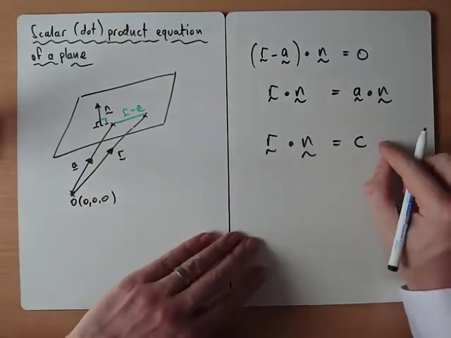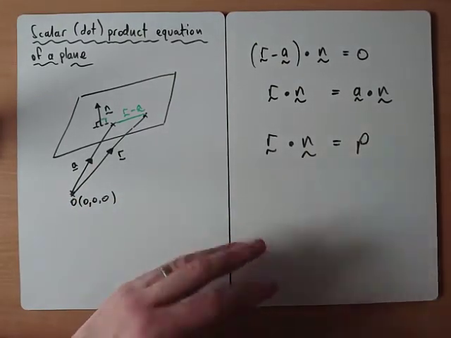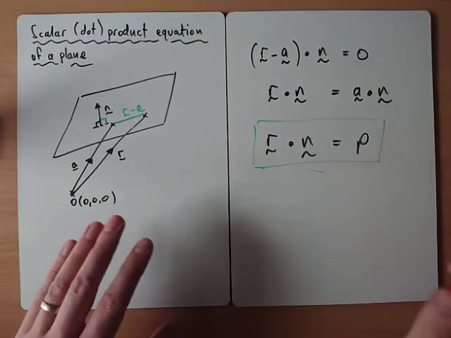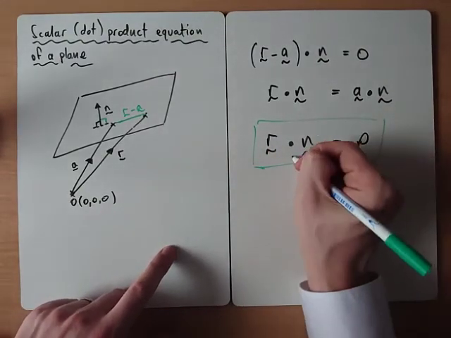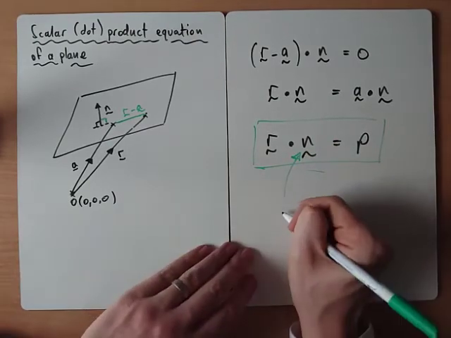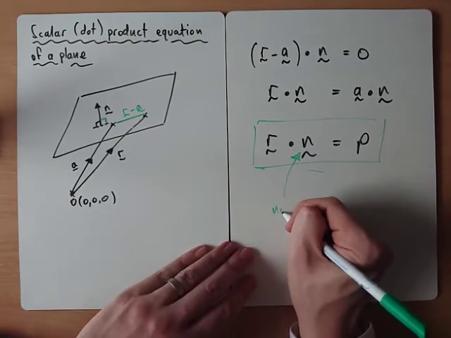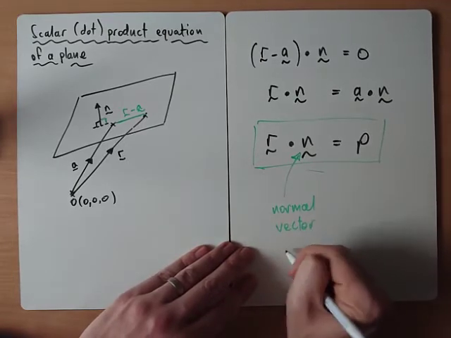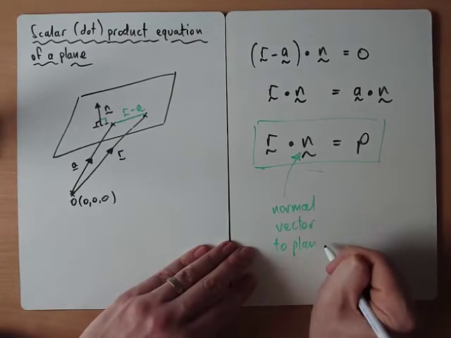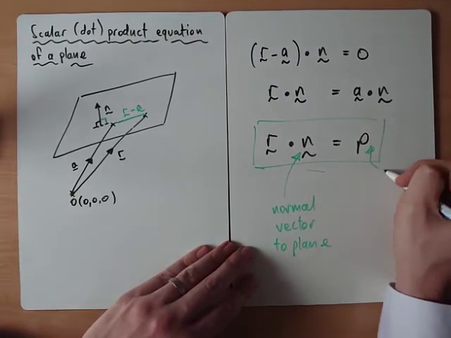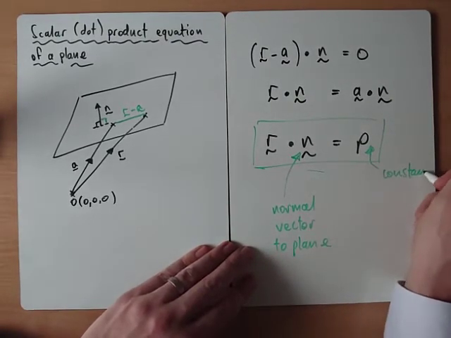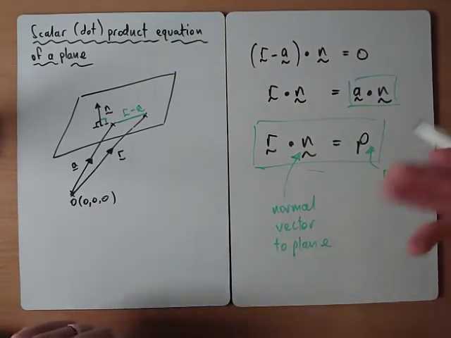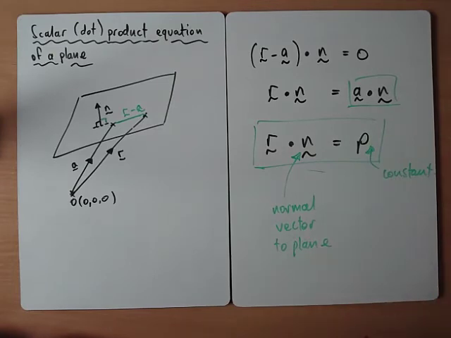I think on the sheet I've used the letter P, but you can use any letter you want. If you see the equation of a plane written in this form, N represents the normal vector to the plane, and the right hand side is just a constant, which really represents the dot product of the point and the normal vector.